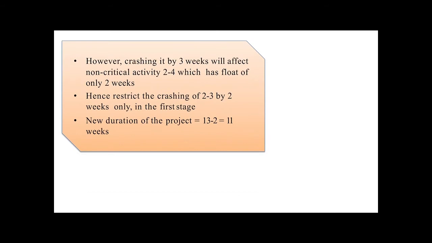However, crashing it by 3 weeks will affect the non-critical activity, which has a float of only 2 weeks. So it restricts the crashing to 2 weeks only. This also we have to keep in mind while crashing: we have to see the non-critical activities also. Because if we crash by 3 weeks, the non-critical activity has only 2 weeks, the critical path will change. So we'll be crashing it by 2 weeks only to keep the same critical path.